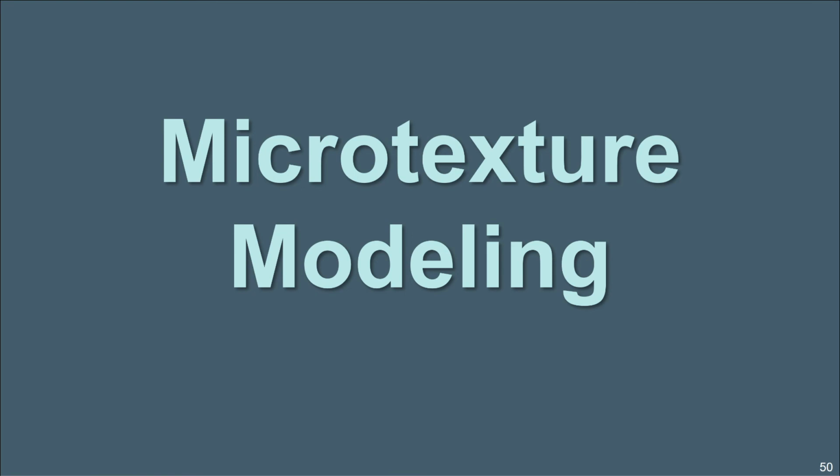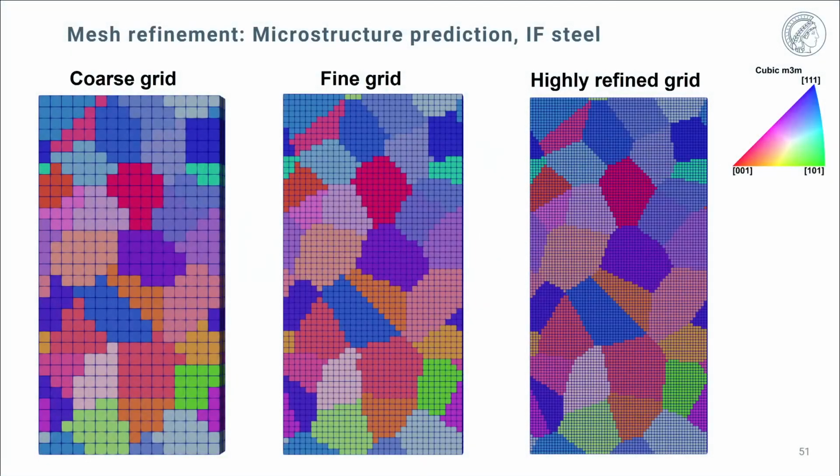So one last word about microtexture modeling. When you, for instance, want to do sheet forming simulations at very small dimensions, or want to better understand the evolution of microstructure and microtexture inside of grains, we are currently working on a variety of different mesh refinement methods. That is shown exemplarily here. We start again from a representative grain microstructure, such as shown in terms here of the color codes, but with 3 different grain sizes, mesh sizes.